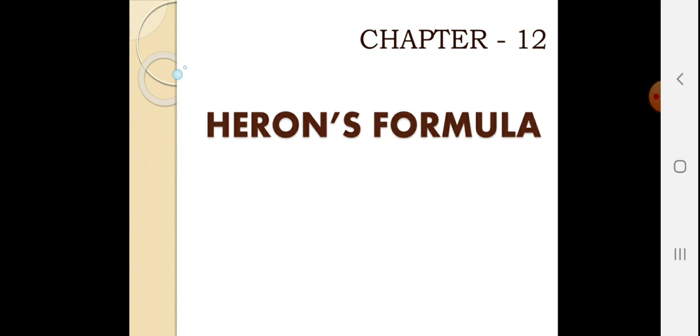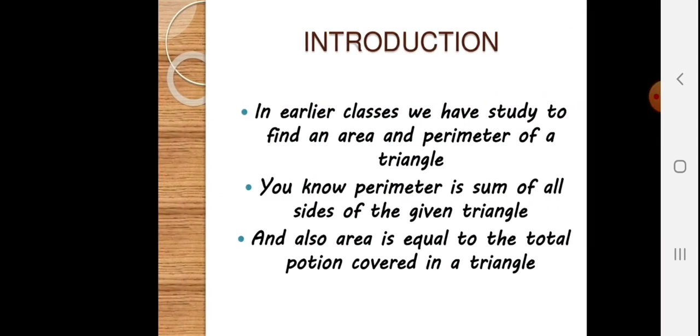But when a triangle is given with three different measures, how will you find its area? That we are going to learn from this chapter using a unique formula known as Heron's formula. So let's learn how to derive it and what the applications are.